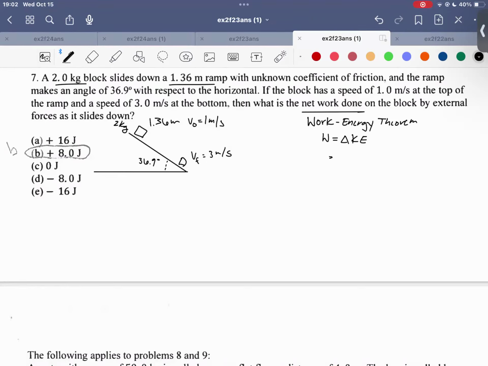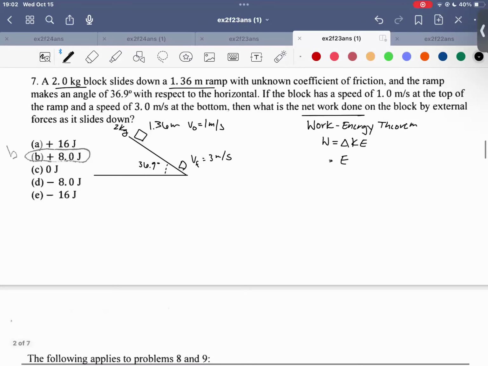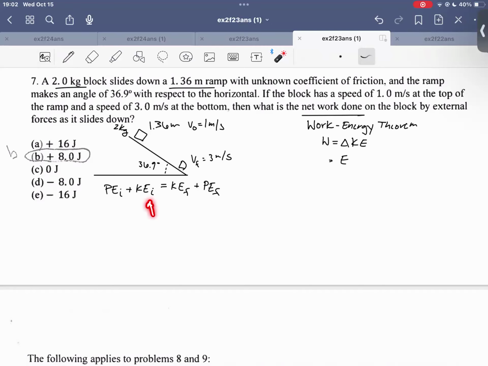Remember we set up with our energy questions: the potential energy initial plus kinetic energy initial equals kinetic energy final plus potential energy final. And the difference between initial and final total energies is going to give us the work that we want.